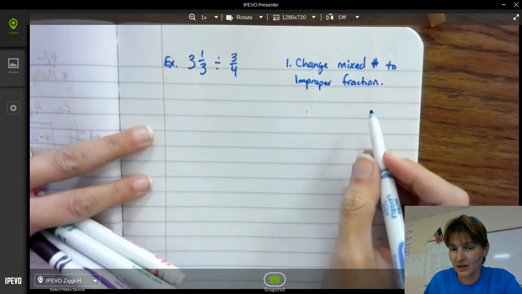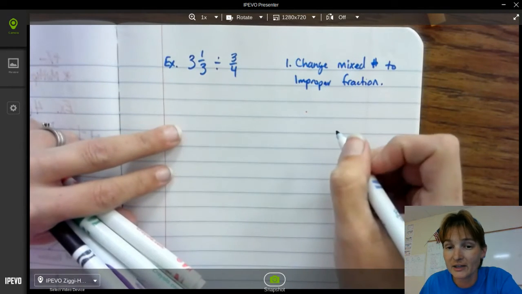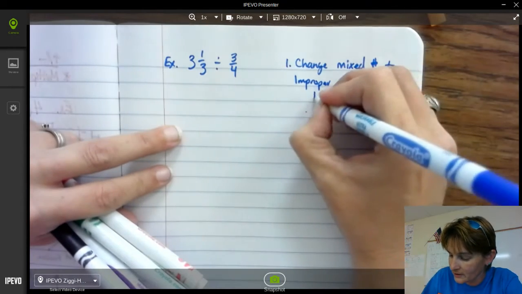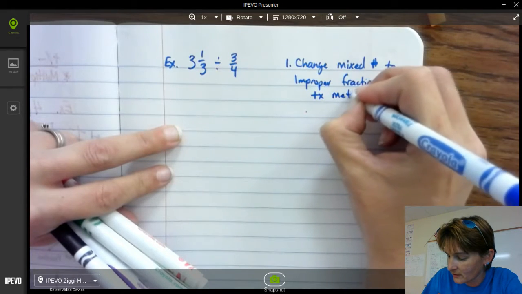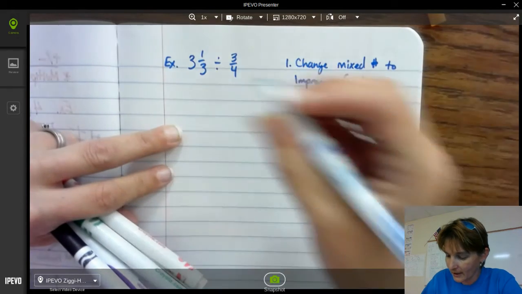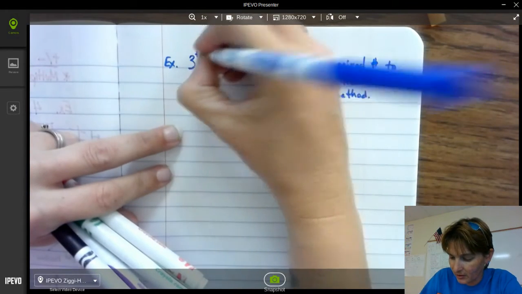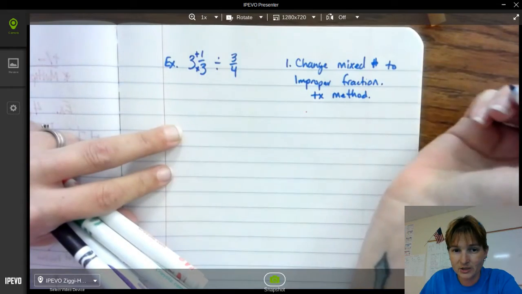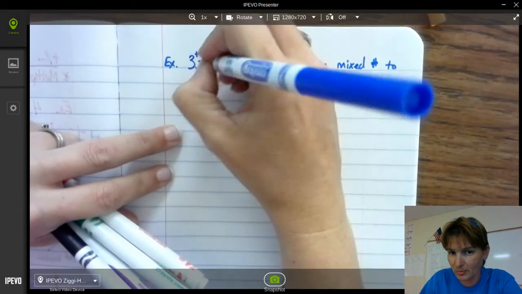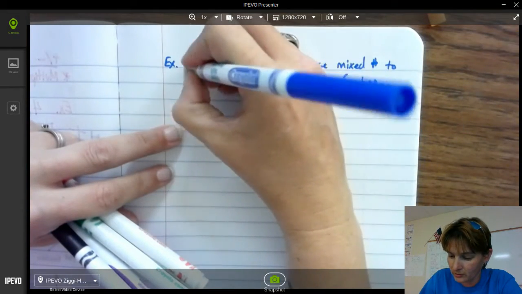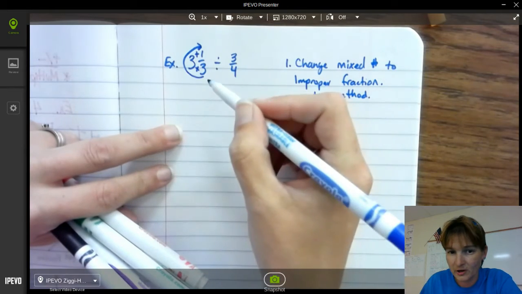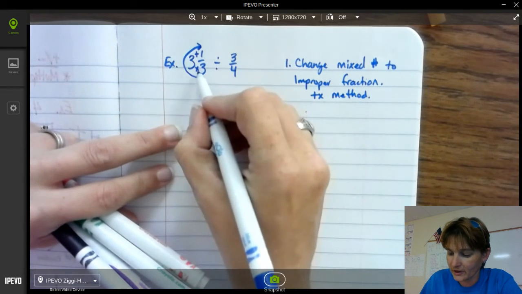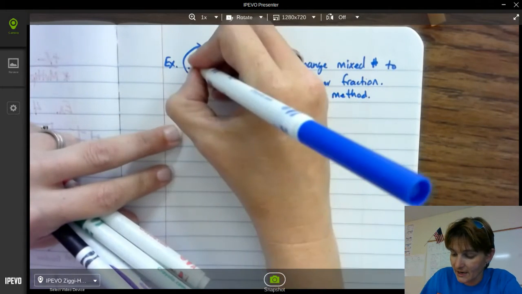Okay, we learned yesterday with our multiplying fractions to use our Texas method. Okay, so we put a plus and a multiplication. And we want to start at the bottom and work our way around to the top. We call that around the world. So 3 times 3 is 9.